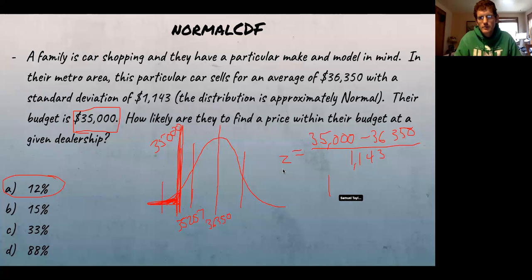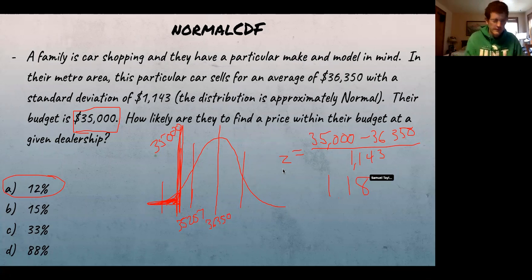There it is. Okay, so yeah, sorry, negative, thank you for adding that. So negative 1.18, and you might go further as far as decimals go, but for our purposes right now, we want that to be our upper bound, and our lower bound is negative 99999, and that gives us that 12%.